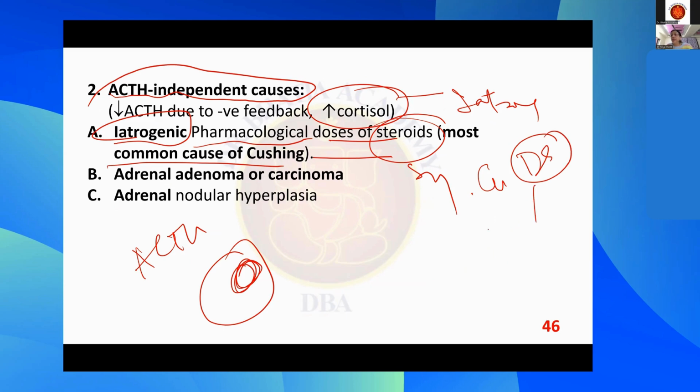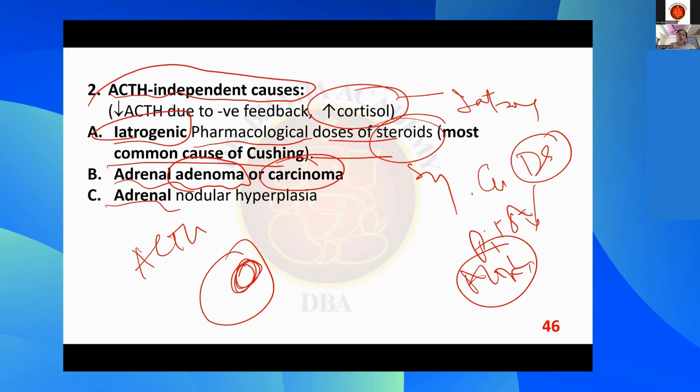The word Cushing's disease is used only for a pituitary adenoma producing ACTH. Then the second commonest cause of ACTH independent is adrenal adenoma or carcinoma. Adrenal nodular hyperplasia can also sometimes be responsible. If it is coming from the adrenals, there will be high cortisol, and because of the feedback inhibition, there will be low ACTH.